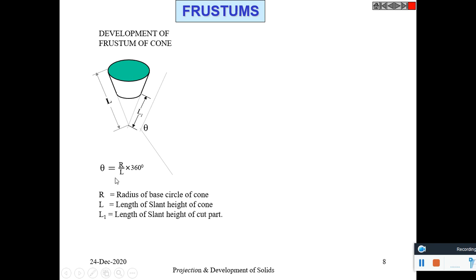So theta can be calculated using R by L into 360 degrees. Mark theta here, and this is the slanted length, and this is the smaller length L1. It is completed. So this is the development of the frustum of a cone.